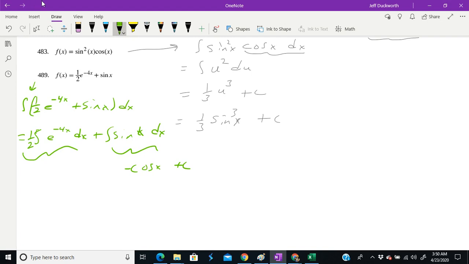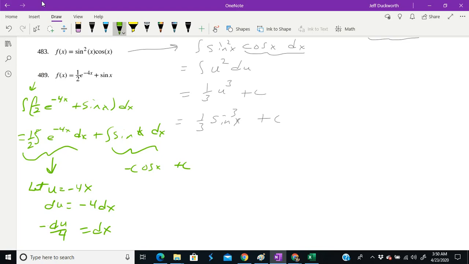So for this part, we're going to let u equal negative 4x, which makes our du equal to just negative 4 dx. We don't have a negative 4, we have a 1/2, which is set aside anyway, but we have to replace dx, so when we divide by negative 4, we get negative du over 4 equals dx.